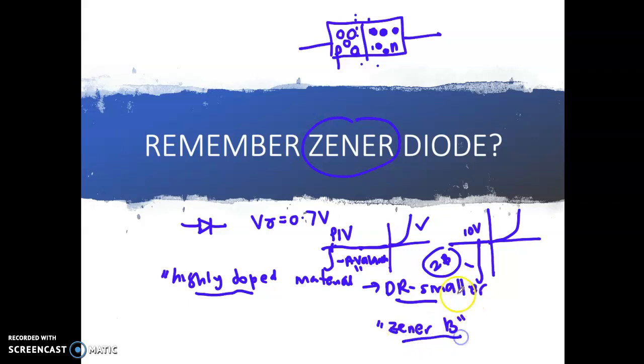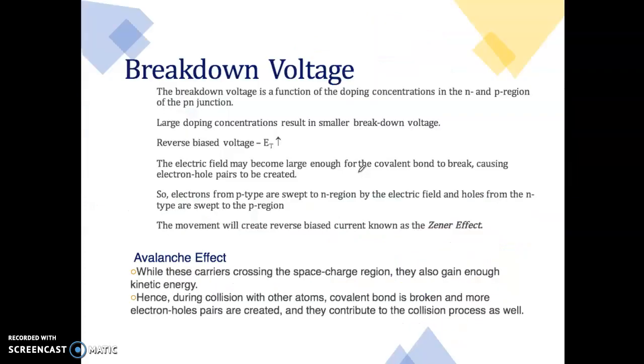We want this to happen because this is a special type of diode where at reverse bias there is a current. It happens at the Zener voltage. But in a normal diode, you need a very high voltage, right? That is avalanche, and we don't want it to happen, but in your Zener diode, we want this breakdown to happen. So this is what we call a Zener diode.